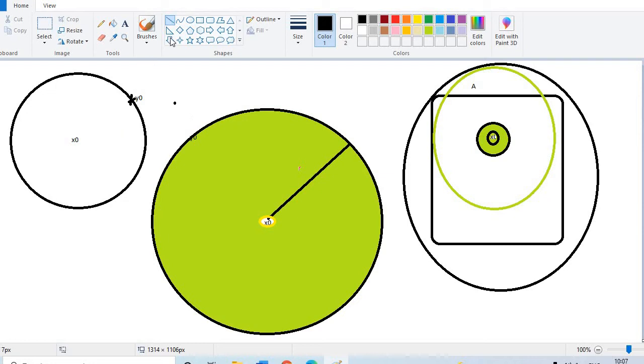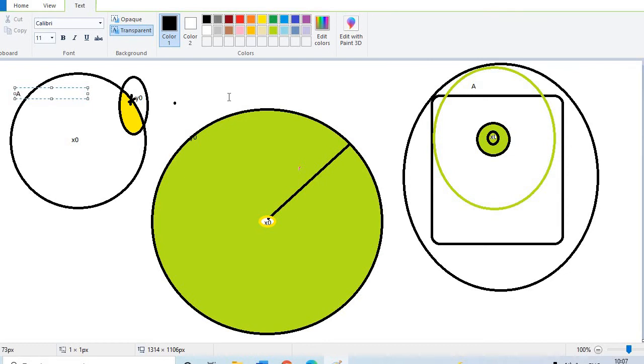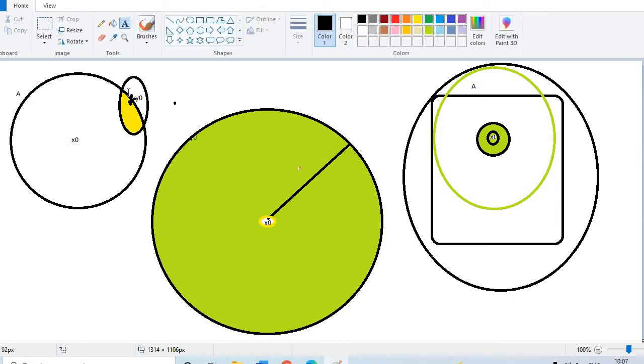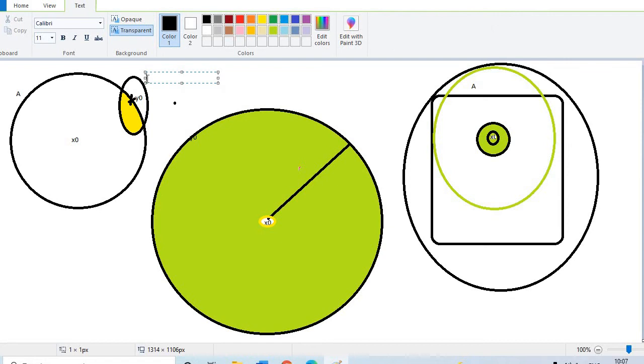So when we take the neighborhood around this y naught, you can see that there are points from this set A, right? This is set A. So this is a neighborhood N of y naught.